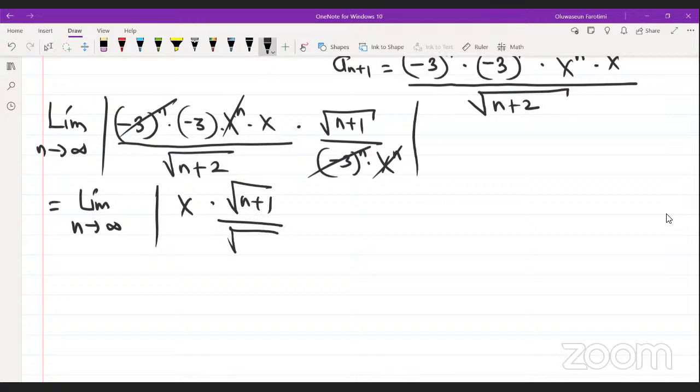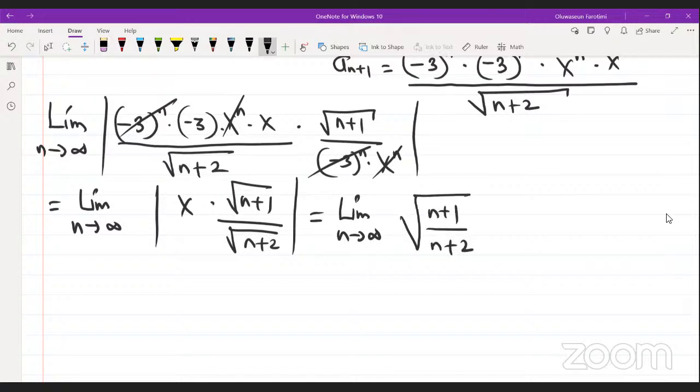You have a square root of n plus 2 on the bottom. Of course, this guy, square root of n plus 1 divided by square root of n plus 2 is positive. You can take it out of the absolute value sign. So you would have a square root of n plus 1 divided by n plus 2 times this guy.